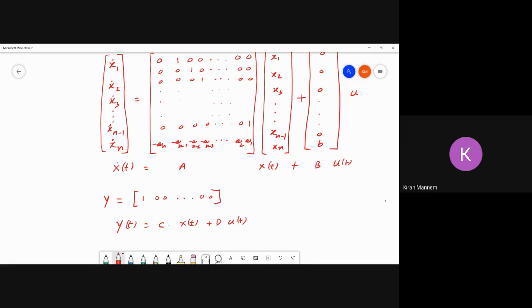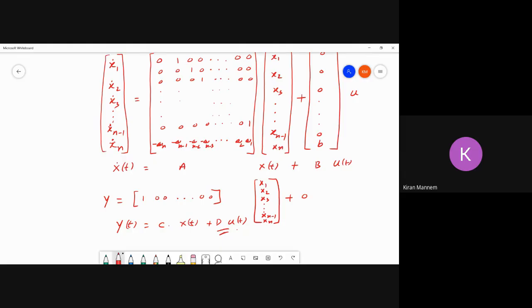So your matrix would be x1, x2, x3, 3 dots, x n minus 1, x n plus 0. There is no D matrix, right? So what is output? Output is equal to 1 into x1. y is equal to x1. We assume this one. So this is how we can represent the phase variables which have no derivative terms of output.